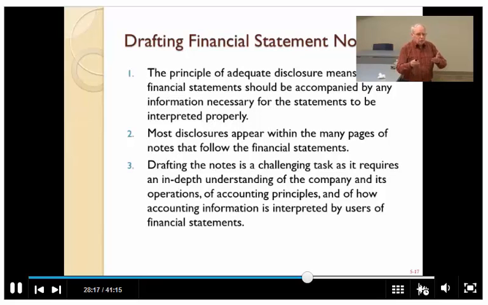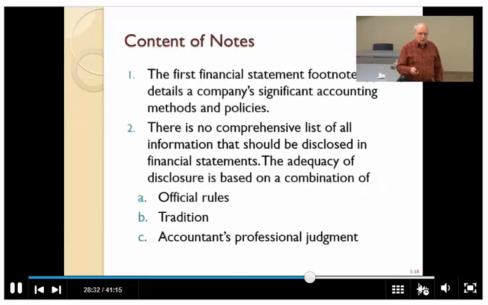The companies you choose have footnote disclosures that are much more involved than, say, the notes I would prepare for the type of companies I audit. The notes are required either because it's a requirement, it's tradition, or the accountant's professional judgment.